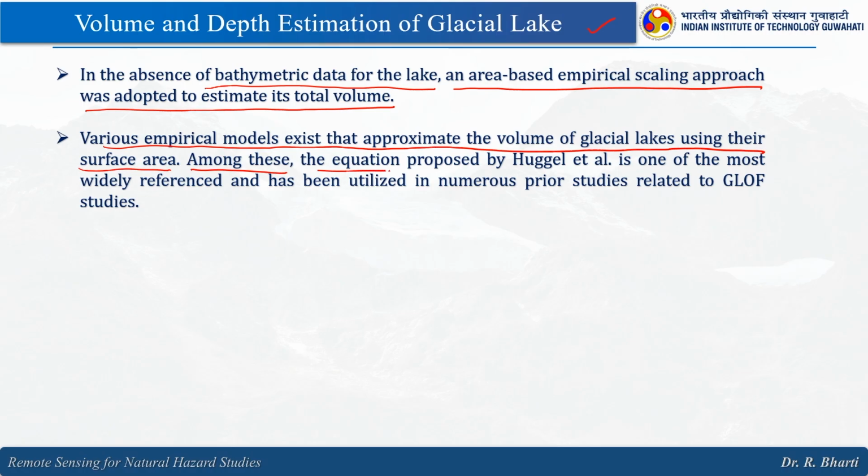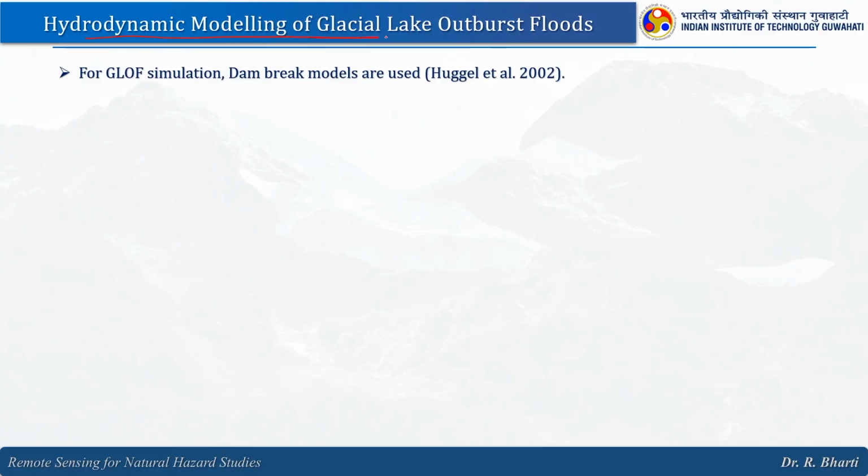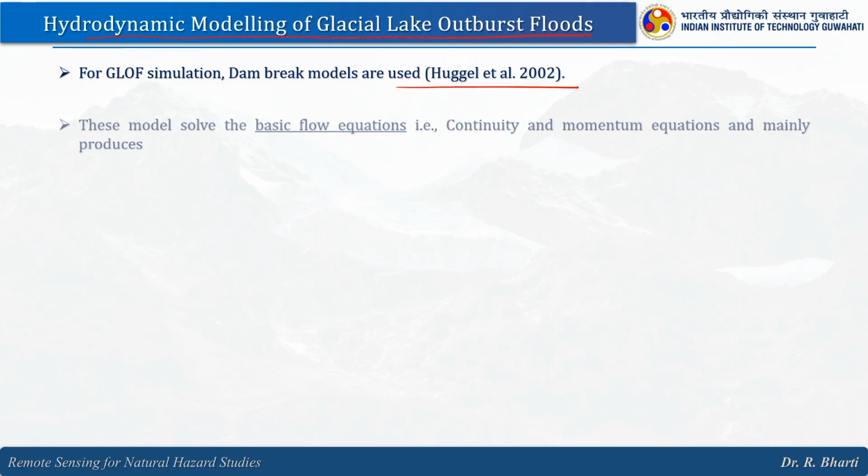Among these, the equation proposed by Huggel et al. is one of the most widely referenced and has been utilized in numerous prior GLOF studies. This is the equation you can see. For hydrodynamic modeling of a glacial lake, Huggel's equations are used to identify the volume of the lake.